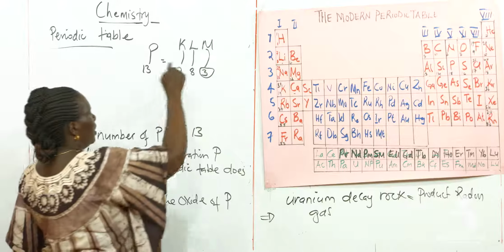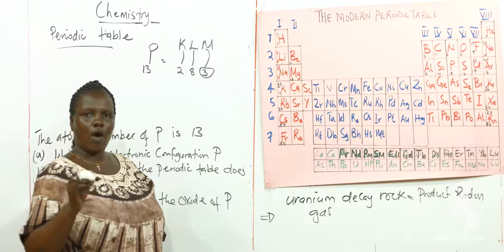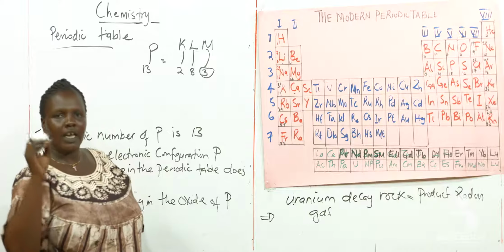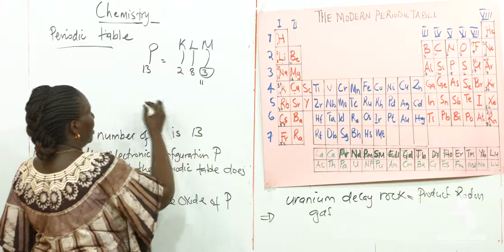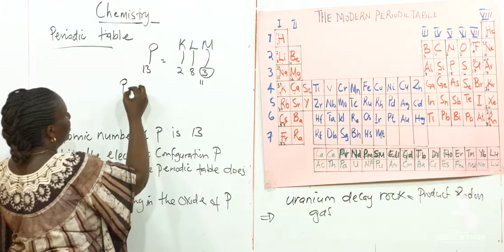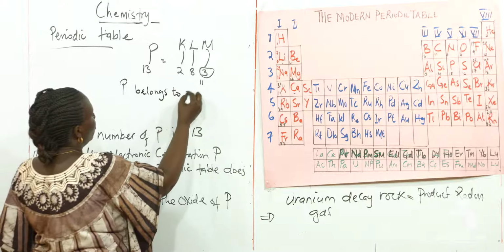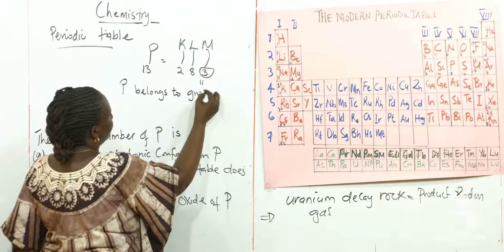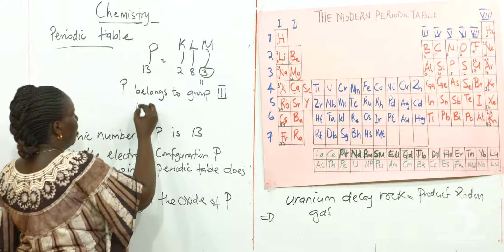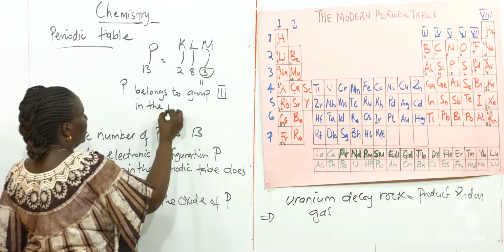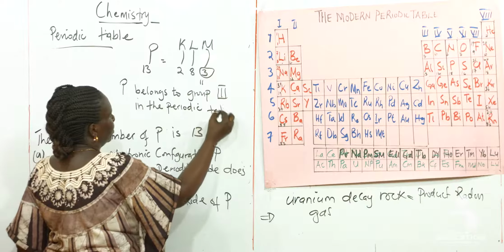The number of electrons in the outermost energy level of P is 3. This indicates that P belongs to group 3 in the periodic table.